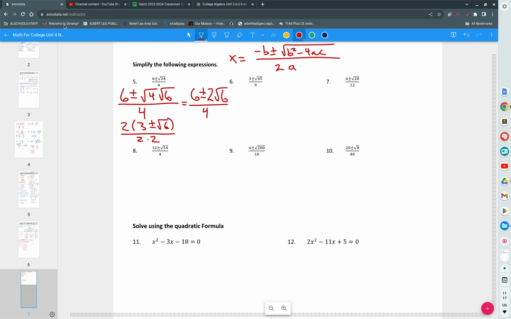Where'd you get the 3? So 2 times 3 is 6. Okay. And then 2 times root of 6 is 2 roots of 6. So I factored that 2 out front. Good question. Notice how the 2's reduce, and I get 3 plus or minus the root of 6 all over 2.